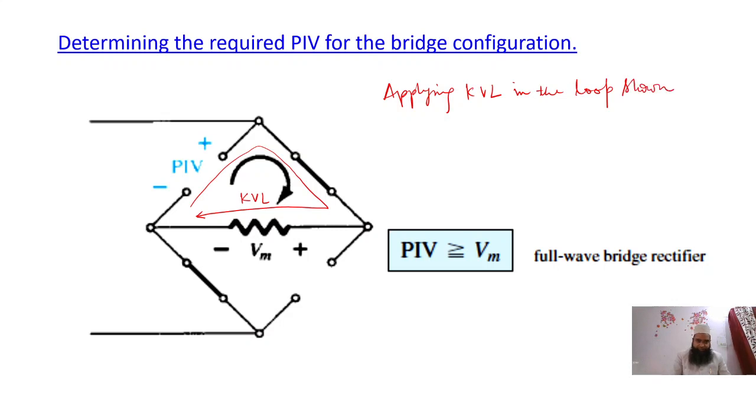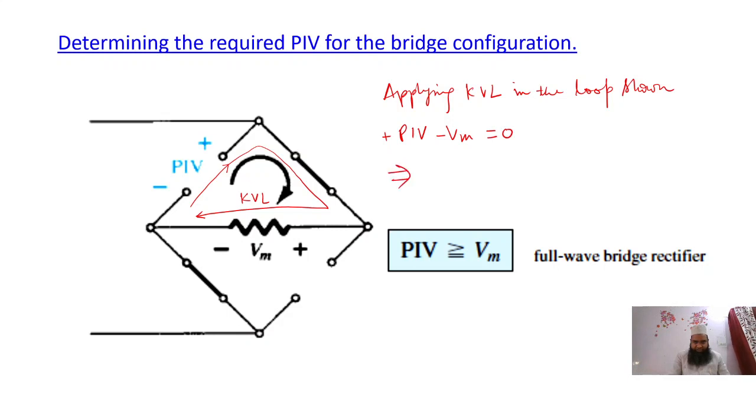shown. We take this direction of KVL, minus Vm plus PIV. This is the short circuit, and the voltage appearing across the load resistance is Vm, so minus Vm equal to 0.